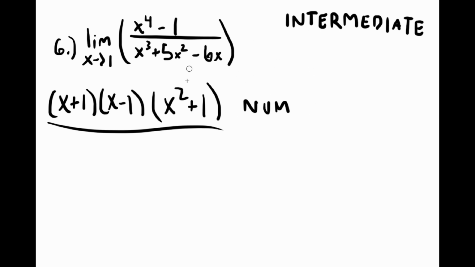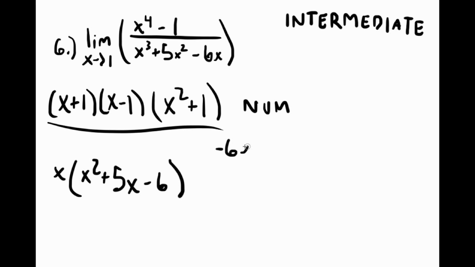Alright, so for our denominator, we're going to take this and multiply 1 out, and it should look a little something like x squared plus 5x minus 6. We're going to take these two end pieces, negative 6x squared, 6x and minus 1x.